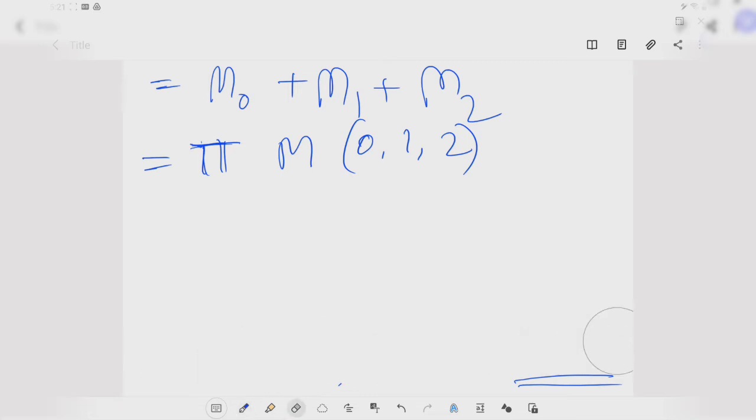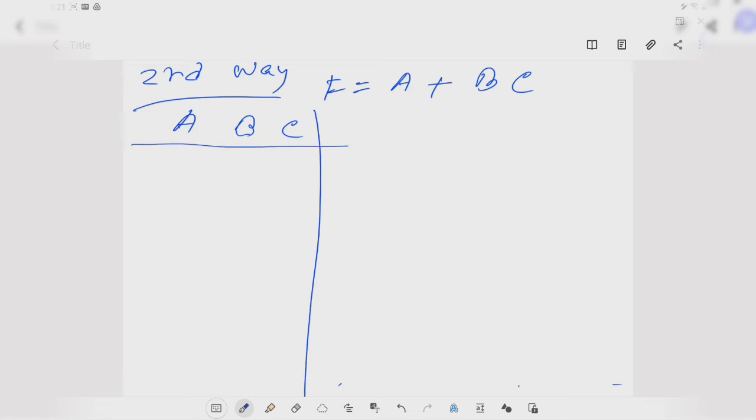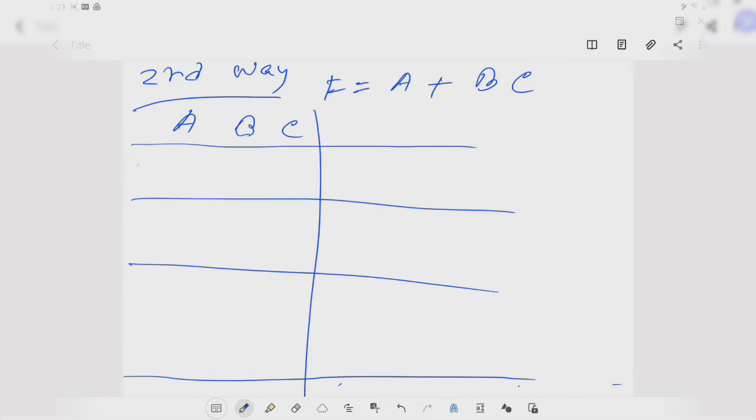Now we want to study the second way, by using a truth table. We know that the function was A plus BC. Now we want to find the truth table for A, B, C, and there should be 8 combinations.